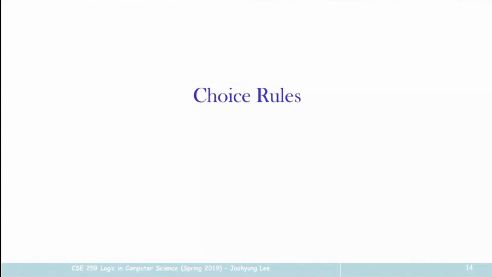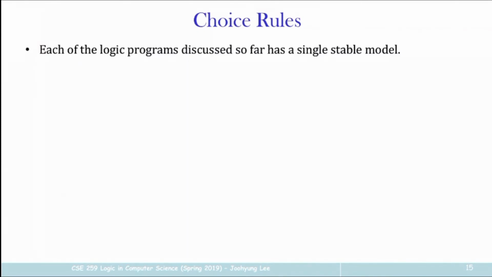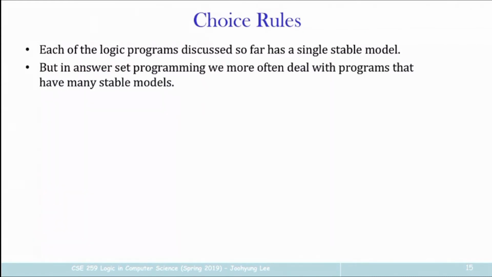All right. The next concept is the choice rule. So far, when I run the program, there was only one stable model. But this is not always the case. Starting from here, you will see that Clingo may return multiple stable models, and that has to do with this construct that we call choice.